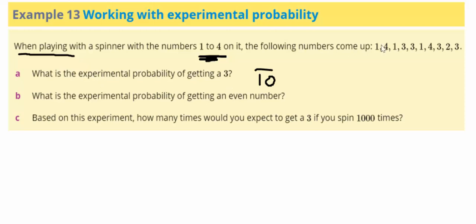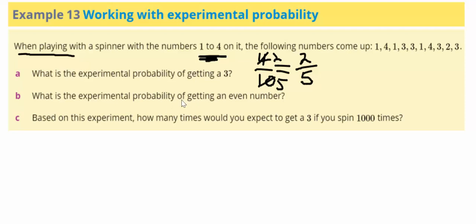And getting a 3, how many times did the 3 come up? 1, 2, 3, 4 times. So hopefully you got 4/10, and then hopefully you're still applying the stuff that we've learned throughout the year. We simplify that. 2 being our highest common factor, 2 goes into 2 once... 2 goes into 4 two times, 2 goes into 10 five times. So we get our answer of 2/5. Simple as that.